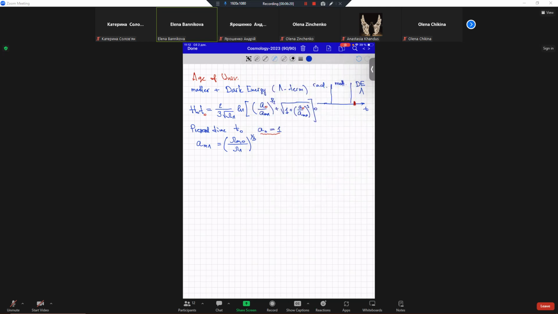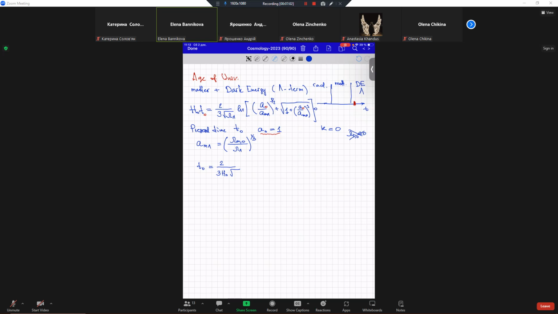So in this case we obtain t0, the age of the universe, equal to 2 divided by 3 H0 square root omega lambda. We can even write it better, because we consider that k equals 0, and also that omega r, radiation, is approximately 0 at this time, since it is not a dominant component.